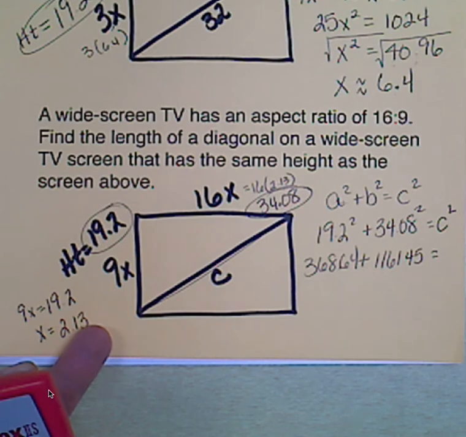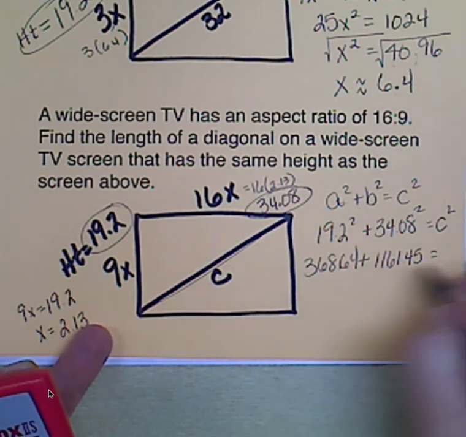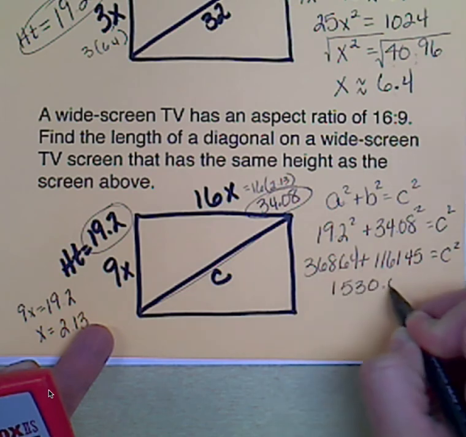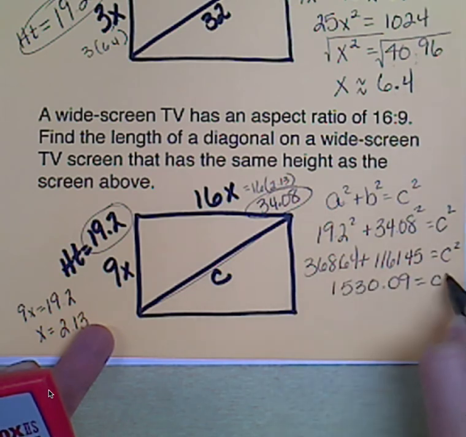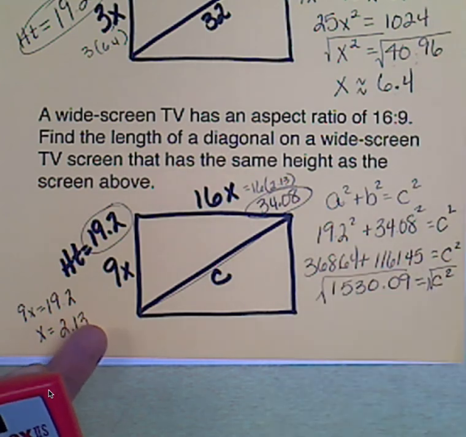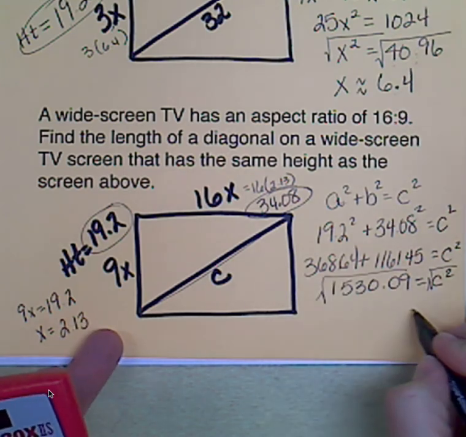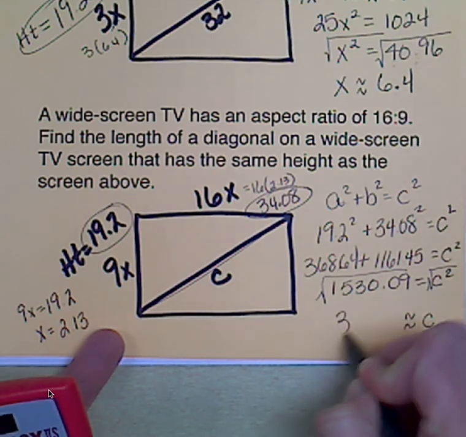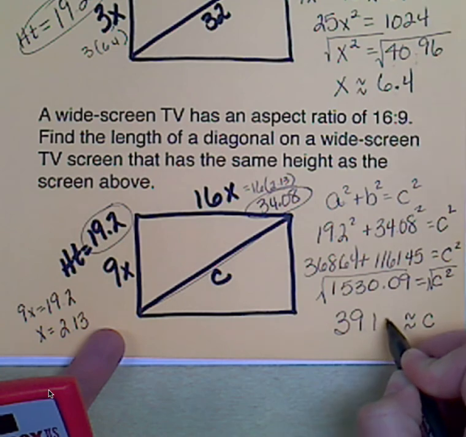Add them together, and we end up with 1530.09, square root of both sides. And it tells us that our approximate diagonal is about 39.12.